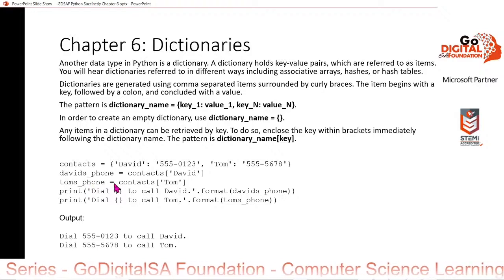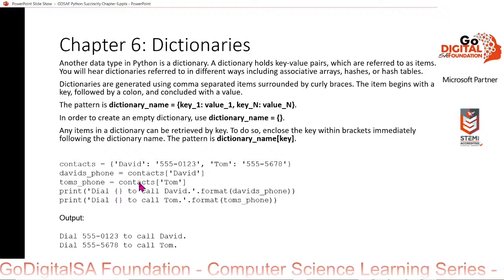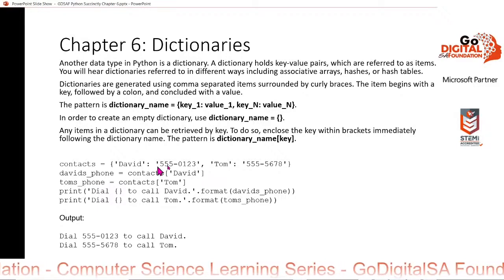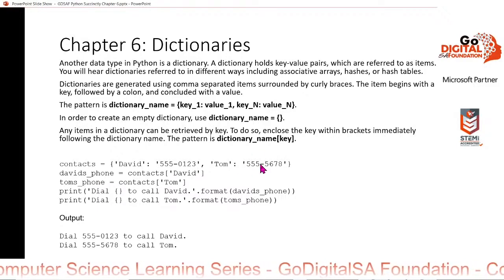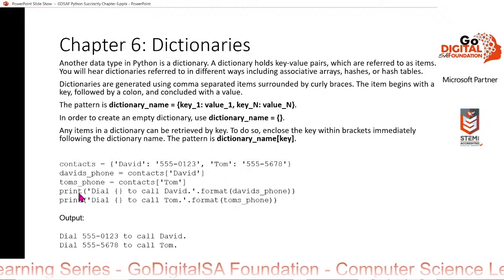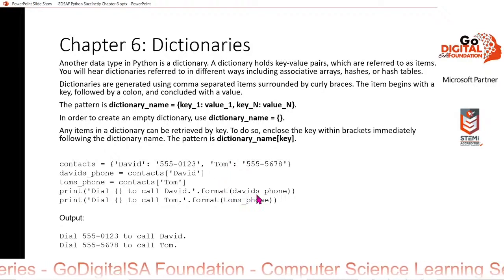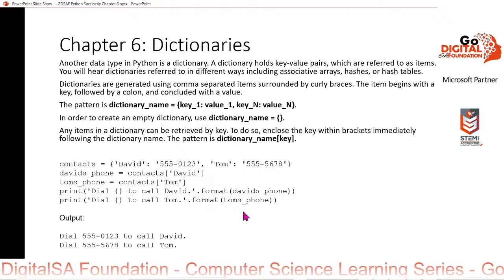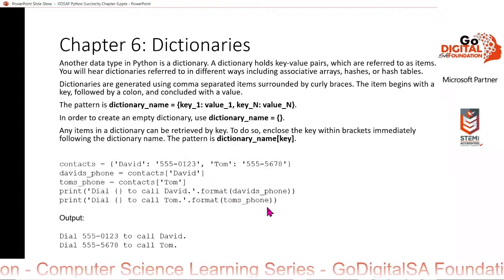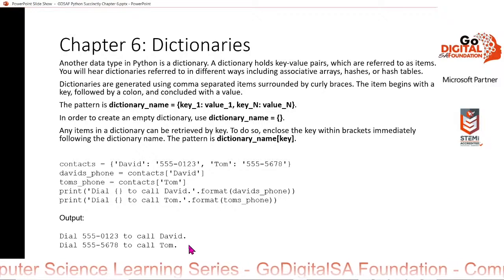If we say variable Tom's phone equals contacts Tom, then Tom's phone is set equal to the value of the second item. Okay, so if we print David's phone, then it should print this number, and if we print Tom's phone, it should print that number. Okay, so the output should be like this.